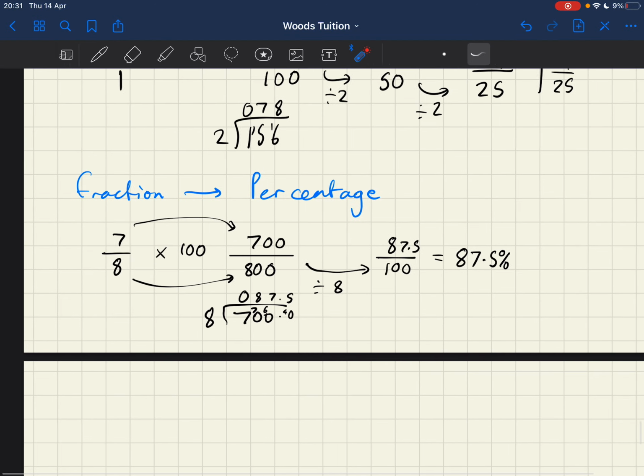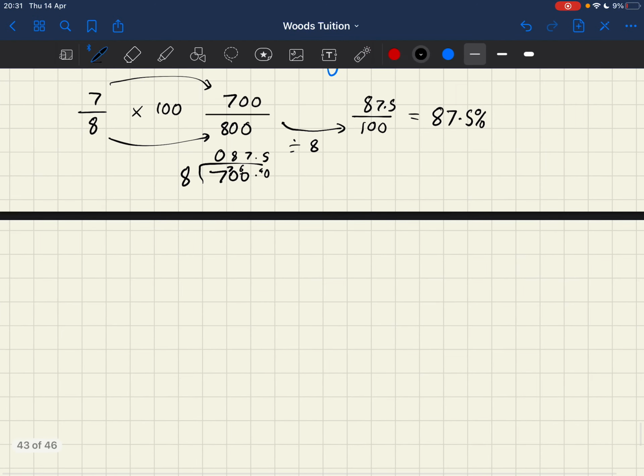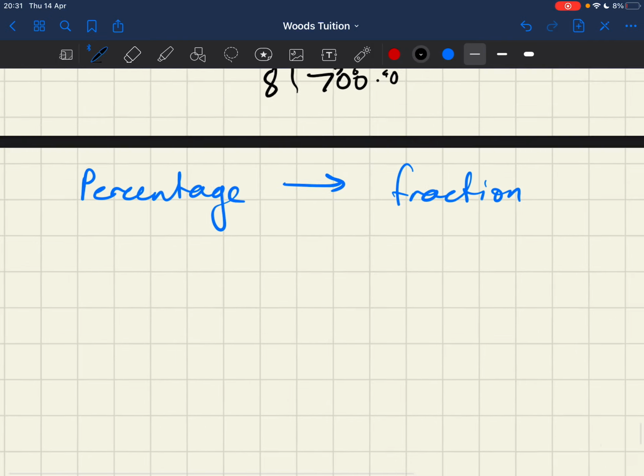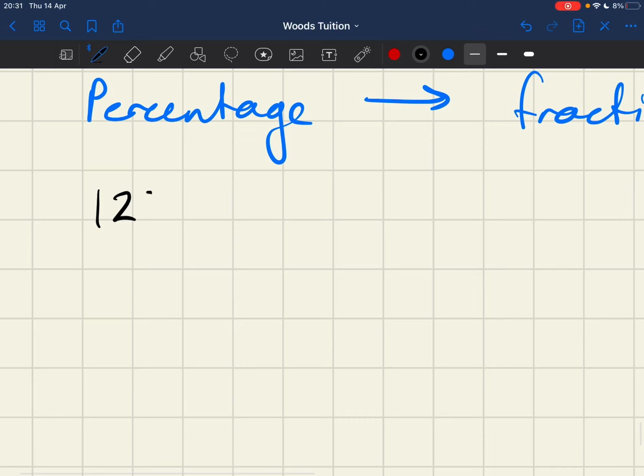Okay, so what about the other way around? What about percentage to a fraction? If we go percentage to a fraction, any percentage we have, let's say we've got 123%, we know that that is equal to 123 per 100 or over 100.